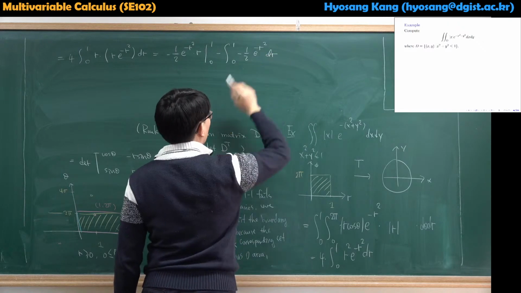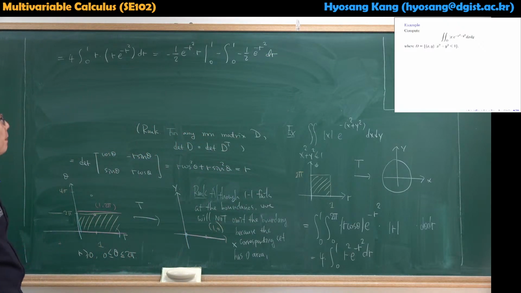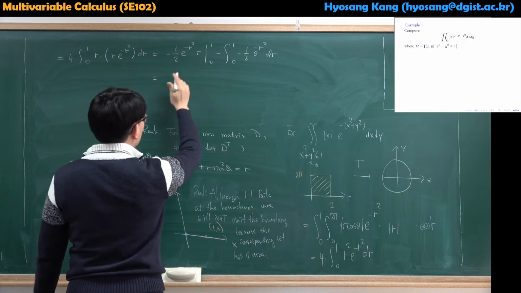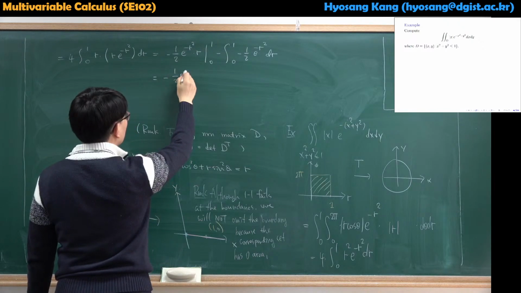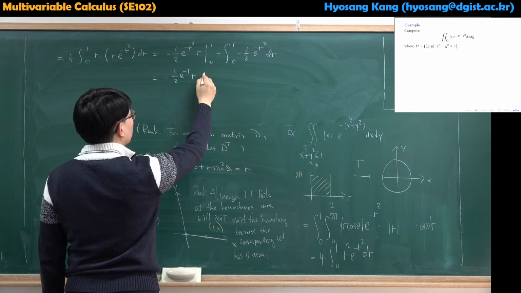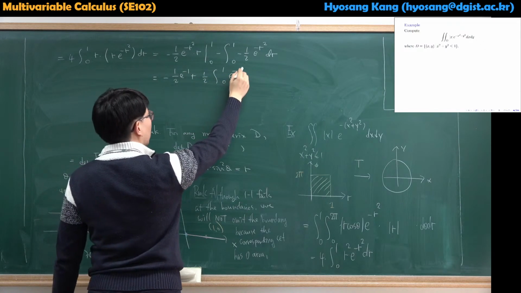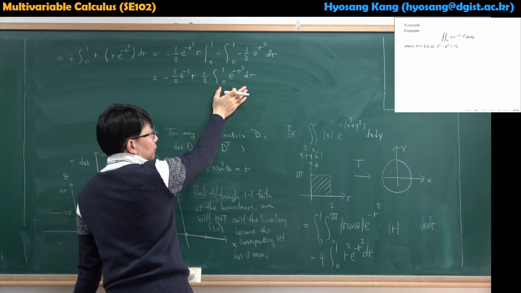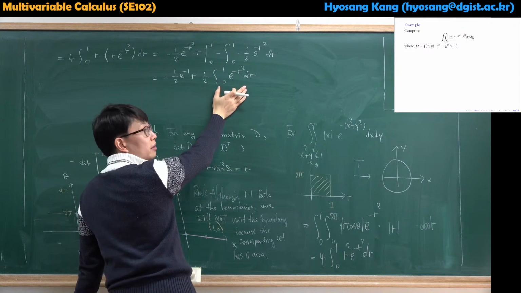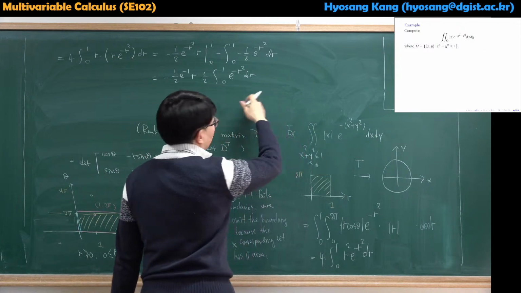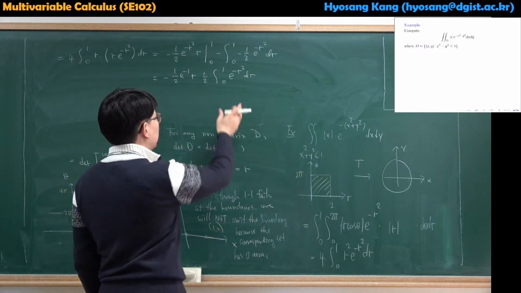So dr. Well, so here we have minus 1 over 2 e to the minus 1. When r is 0, it becomes 0. And plus 1 over 2 times the integral from 0 to 1 of e to the negative r squared dr. It has a value, but it doesn't have a symbol to represent this value. Usually it's called the ERF.